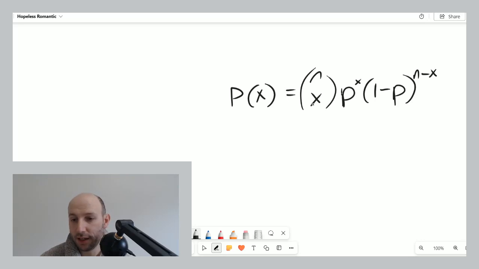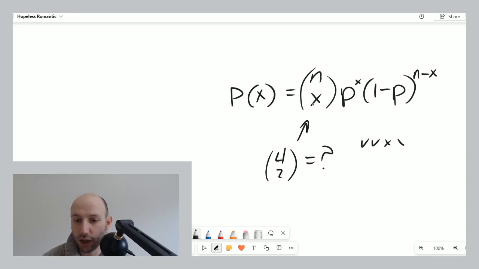Okay? So this first part here, that's n choose x, which is the number of ways you can arrange x successes out of n attempts. So for example, 4 choose 2, well, what's that going to be? How many ways can you arrange 2 successes out of 4 attempts?